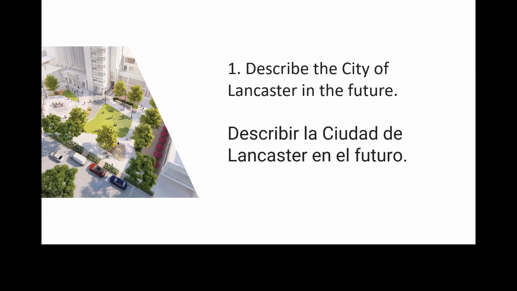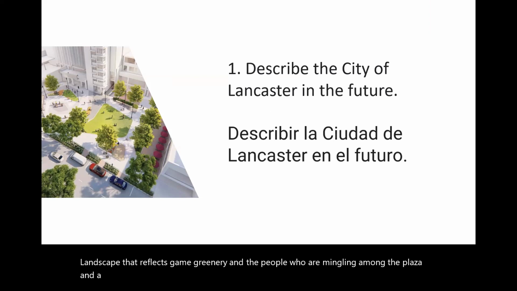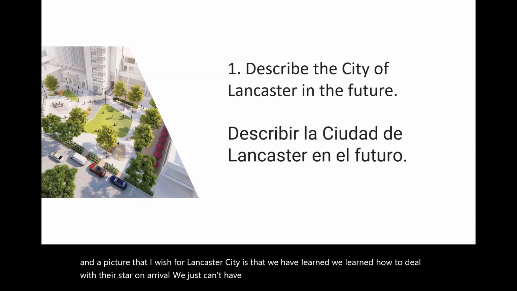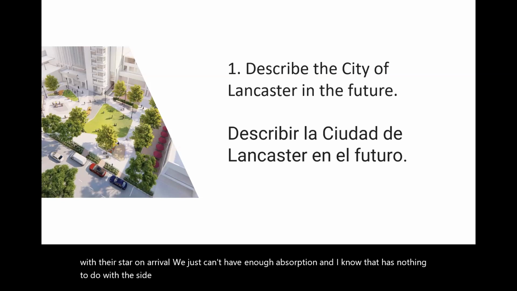I'll just make a quick comment. I like a colorless landscape, one that reflects the greenery and the people who are mingling among the plaza. A future that I wish for Lancaster City is that we learn how to deal with all our stormwater runoff. We just can't have enough absorption. I know that has nothing to do with the facade of the garage, but hey, I just throw that out there anyways.